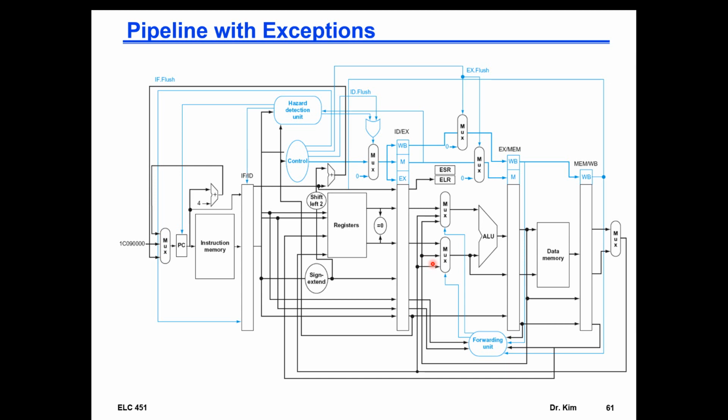So now let's take a look at our diagram with some hardware added to handle exceptions. Here we have the address of a vector for handling exceptions, which we added in front of the mux of the program counter, so the controller can decide whether we are going to take the next instruction, the branch instruction, which is for handling branches, or the exception handler vector.